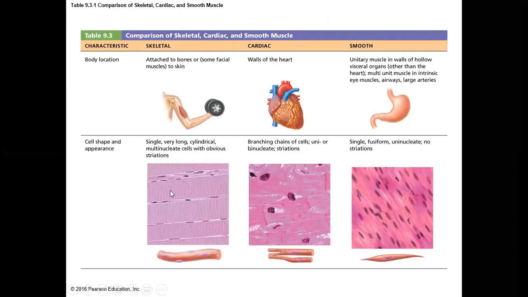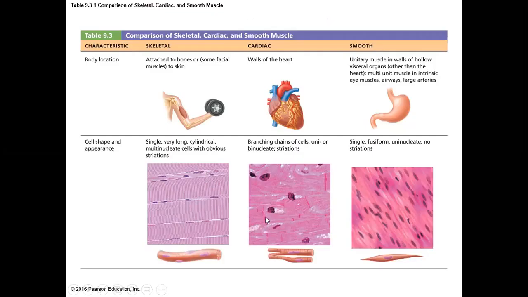Here is your very evenly striated skeletal muscle. You can see the bands are evenly spaced, definitely striped right here. Cardiac muscle is also striped, but it's highly branched compared to skeletal muscle, and it has those intercalated discs that stain deeper.